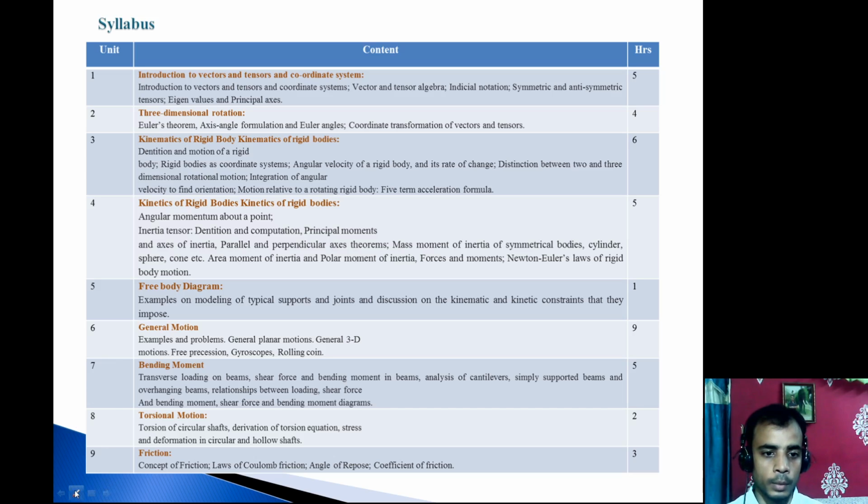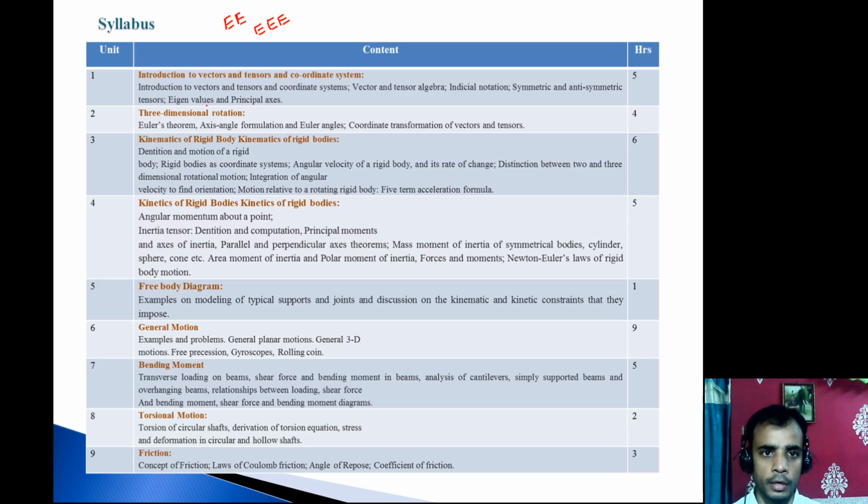So first we will see the syllabus for this subject, that is your engineering mechanics for electrical department, EE and EEE department. Okay, and this is the syllabus, that is the introduction to vectors and tensor and coordinate system.